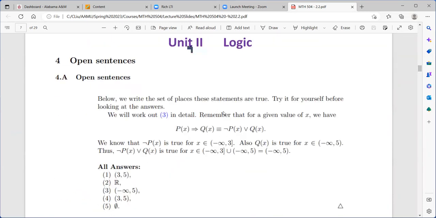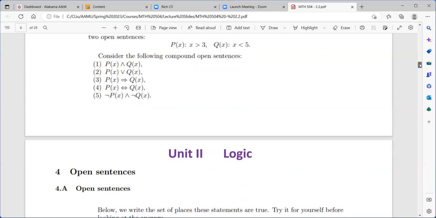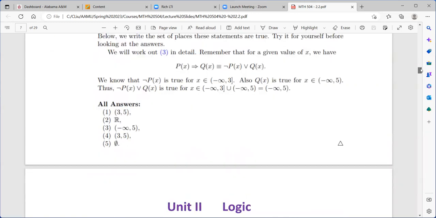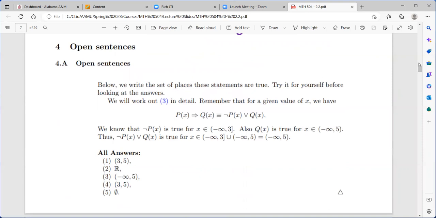Let's just look at number 3. The compound open sentence 3 from P of x to Q of x. So that's a conditional open statement. And we have shown that this is equivalent to negation P of x, disjunction Q of x, if you remember the equivalence of statements.